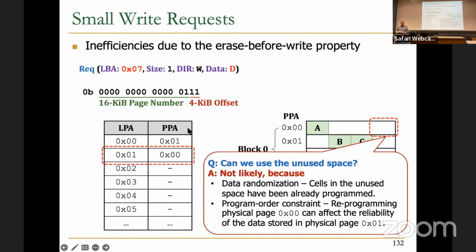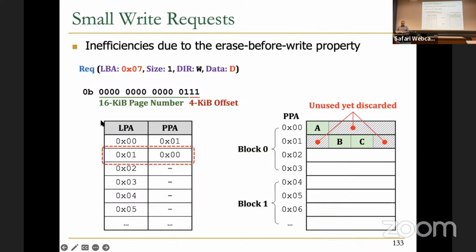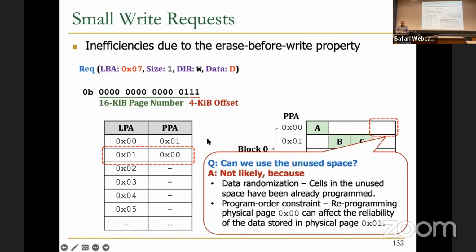logical page address and physical page address, like the mapping table granularity is actually per logical block address. So now you can see that we have this unused yet discarded. And I also didn't say that, but this new write that you receive, you actually need to write it to another physical page address.